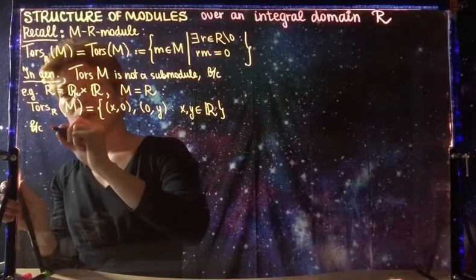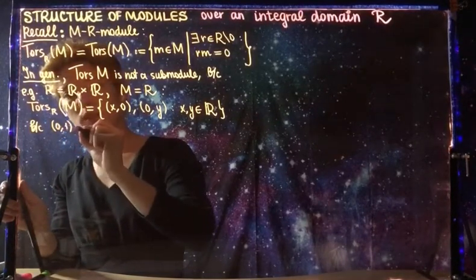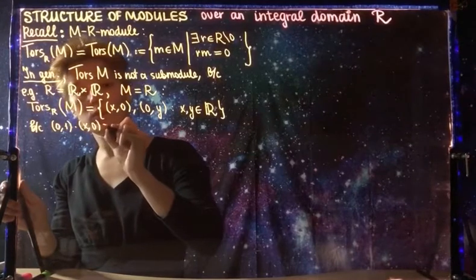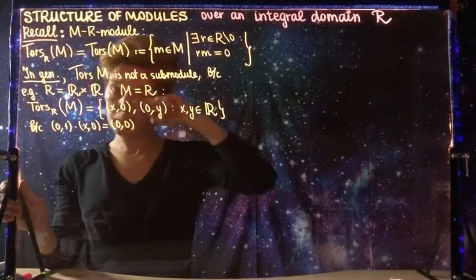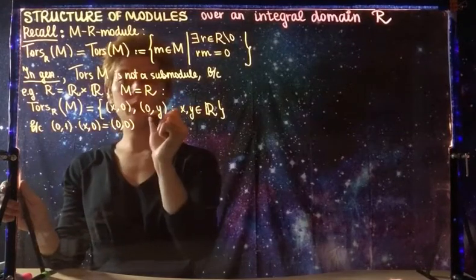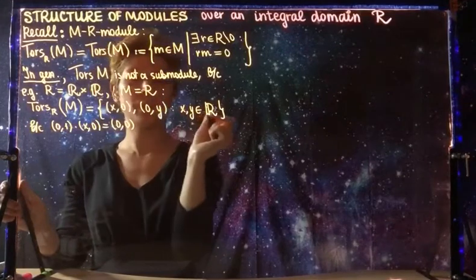This is because I can multiply (x, 0) by (0, 1) and get 0. And similarly, I multiply (0, y) by (1, 0) and get the 0 element in this module.